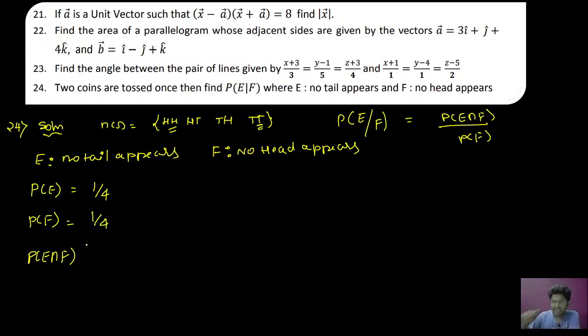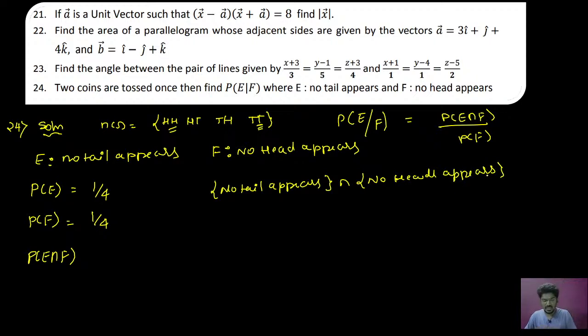Probability of E intersection F, that means the intersection of, see here, no tail appears, with the set of no head appears. See, no tail appears means what?